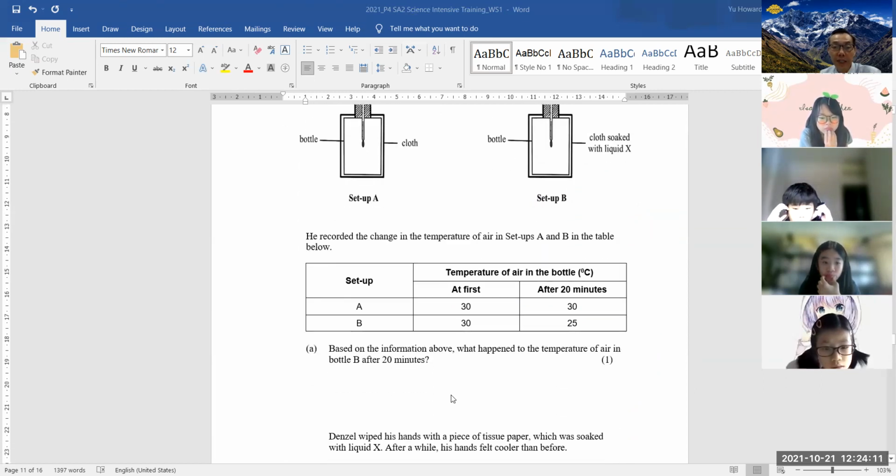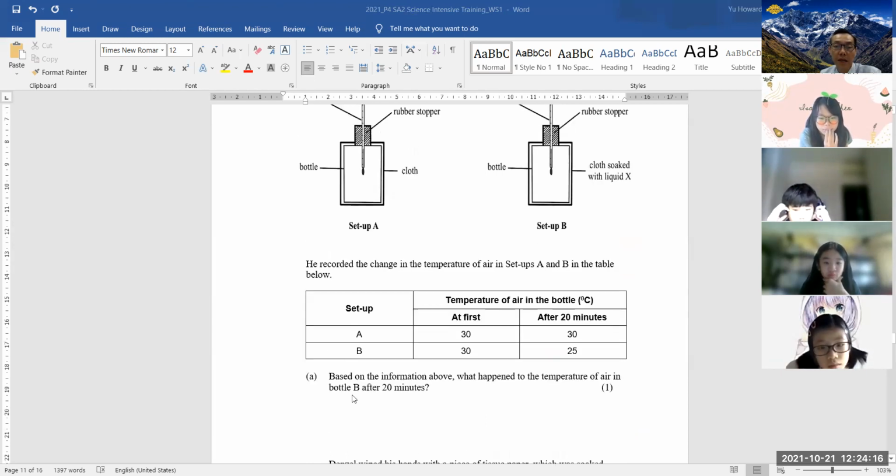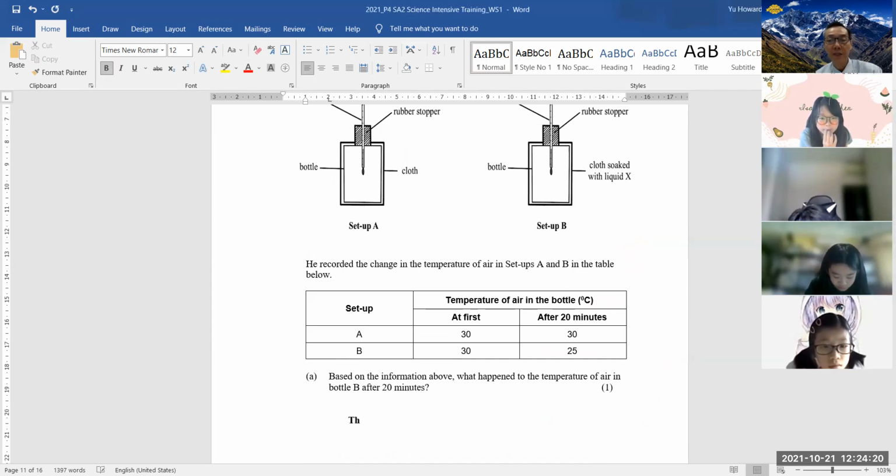Okay, this one you just say only. You say what happened to the bottle in B, right? So you just say the temperature drop in 20 minutes, right?